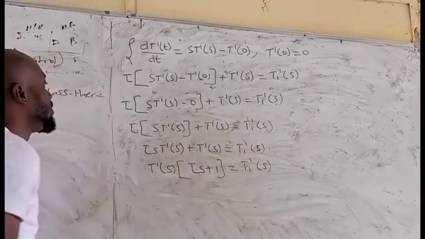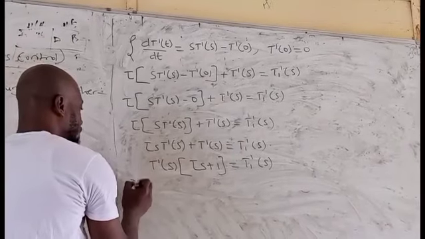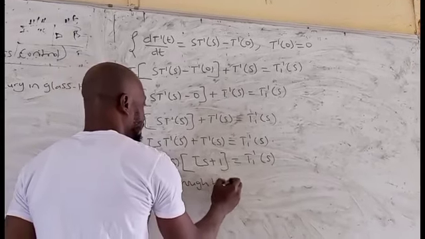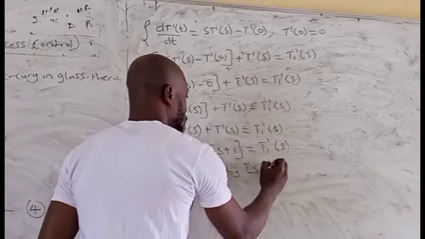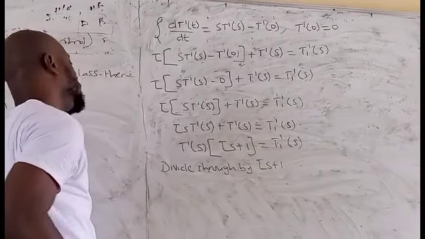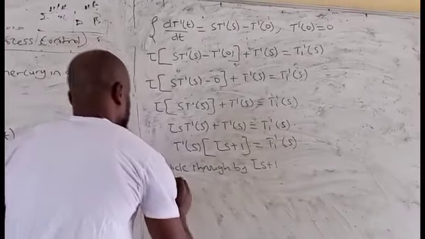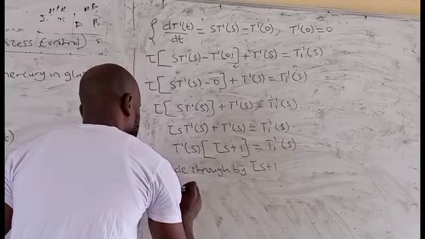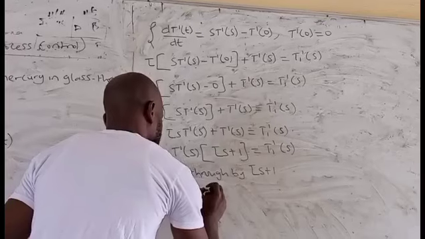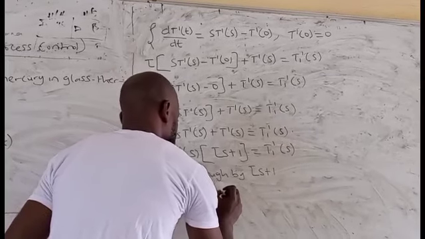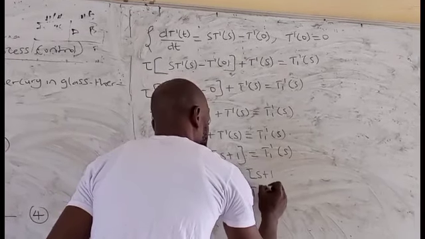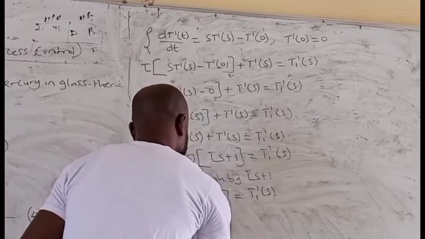So now from here, I'm going to divide through by tau s plus 1. I'm going to have T'(s) multiplied by (tau s plus 1) over (tau s plus 1), equal to T1'(s) over (tau s plus 1), so that this one will cancel this out.